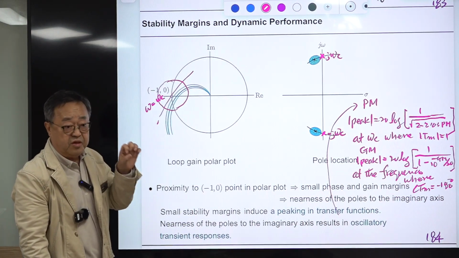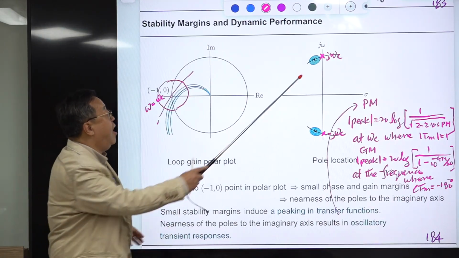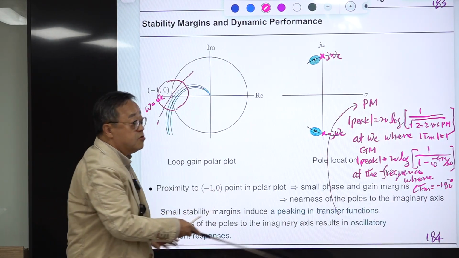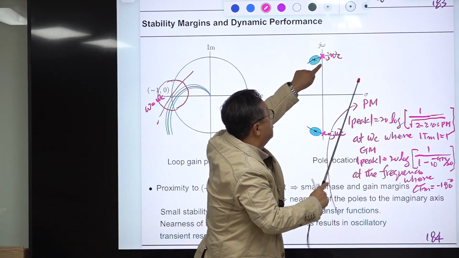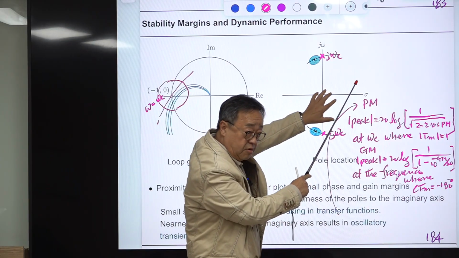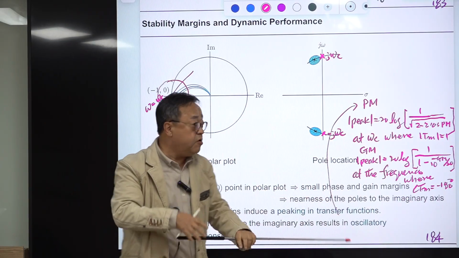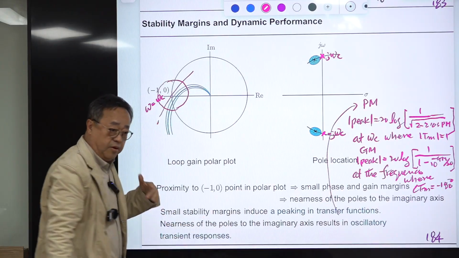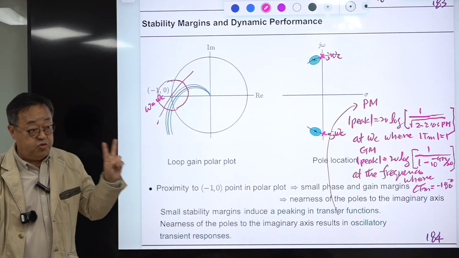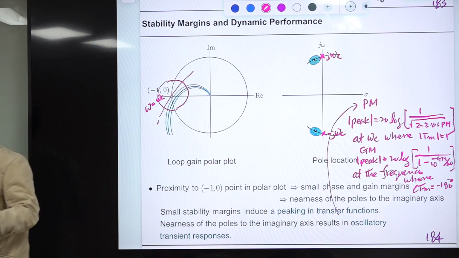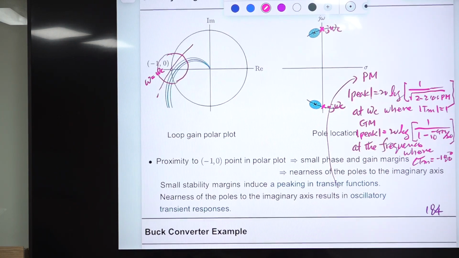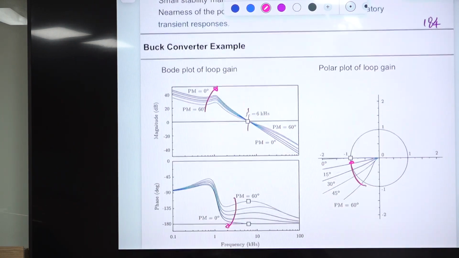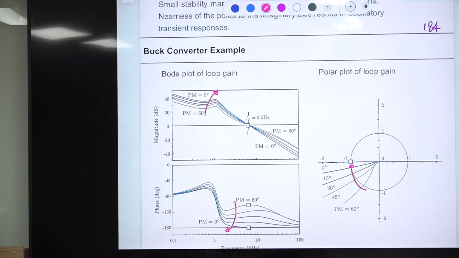We confirmed this through the simple equation: if the pole is located at this point, there is a sustained oscillation at this frequency. By extending that idea, you can easily predict this. There are two different regions, but they have the same origin. So phase margin and gain margin are important, and the phase margin is more important.